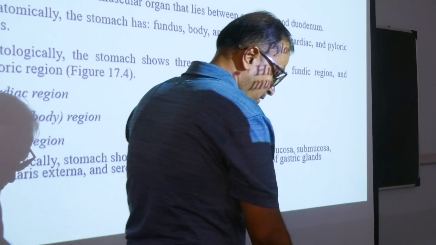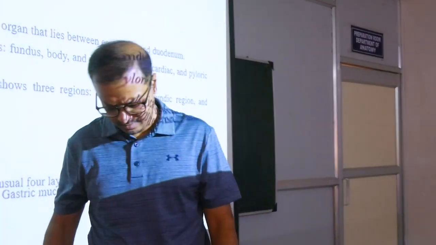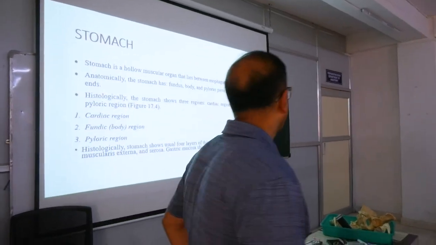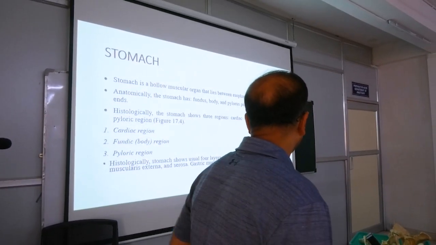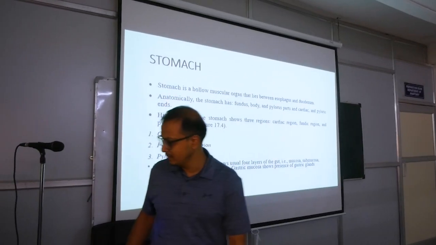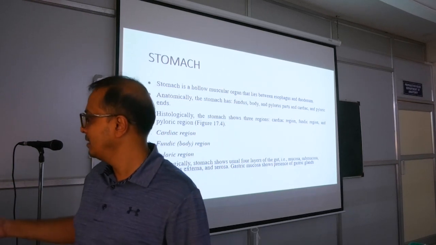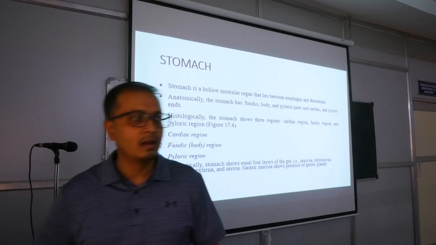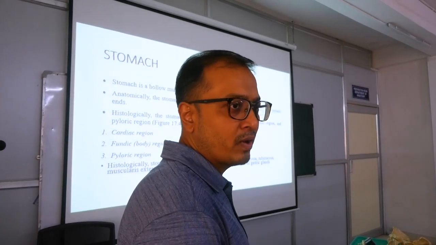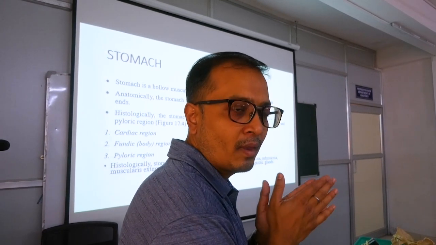Same thing about the physiology of the other organ, which we missed yesterday or the day before. The stomach is kind of like the most dilated part of the GI system. I have this slide. It is a kind of dilated pouch which is present next to the esophagus, or in between the esophagus and the small intestine.